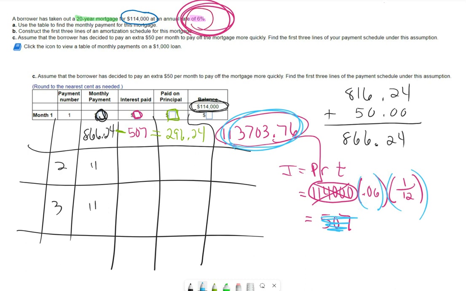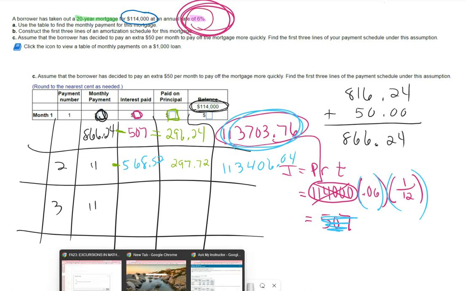So this is going to be $568.52. And again, you're going to subtract that from the $866.24 check that you sent in, which will give you the principal this time of $297.92. And then when you subtract those two, your new balance will be $113,406.04. Oh, what a mess.